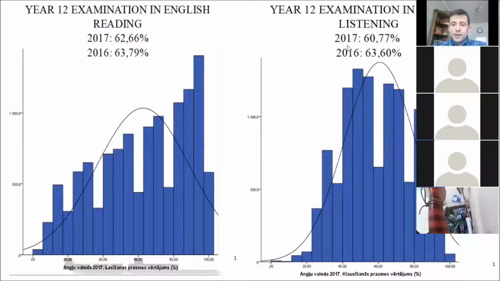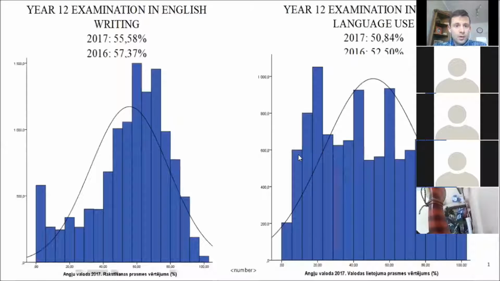That was followed by listening with an average of 60%, writing, which was down at 55, and then use of language, which was down at an average of 50%. So quite a big difference between the strongest exam and the weakest, which was the use of language, which, as we all know, is predominantly based on grammar exercises.